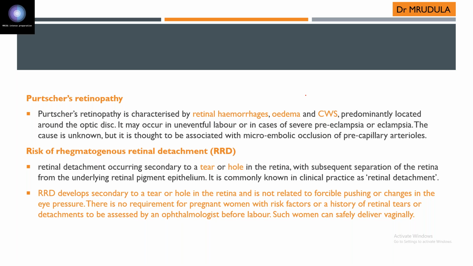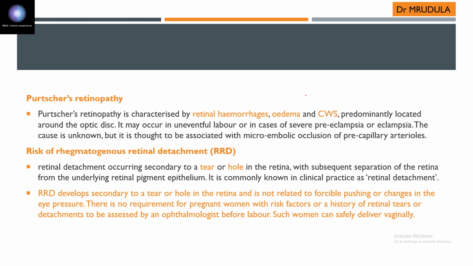Then rhegmatogenous retinal detachment, which is called RRD. It is secondary to a tear or hole in the retina, which is already present and which will lead to the retinal detachment from the underlying pigment epithelium. So the predisposing factor is the presence of a tear or hole in the retina.